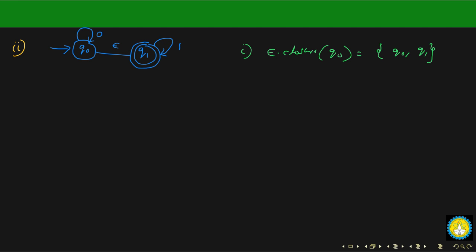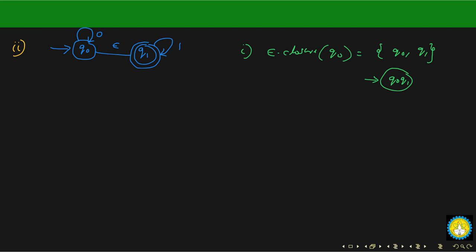So our first state is going to be a combination of Q0 and Q1, which is our starting state: Q0, Q1.